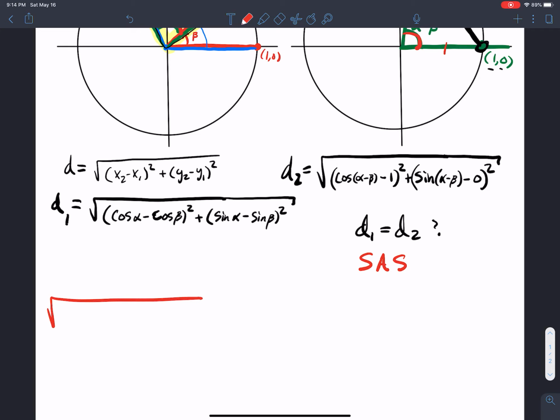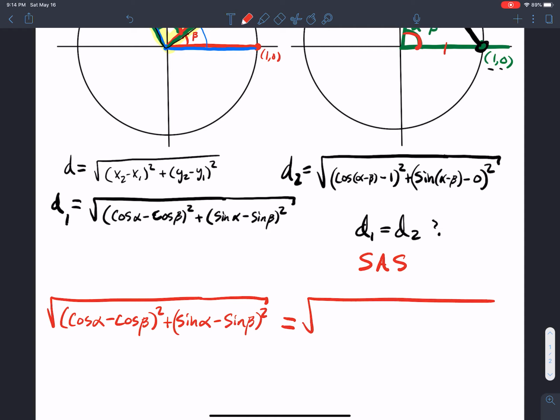I've got the square root of (cosine alpha minus cosine beta) squared plus (sine alpha minus sine beta) squared equals the square root of (cosine of alpha minus beta, minus 1) squared plus (sine of alpha minus beta, minus 0) squared.